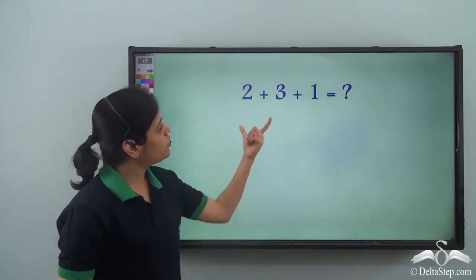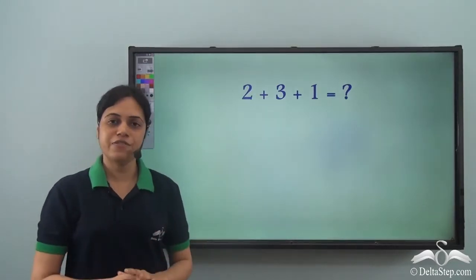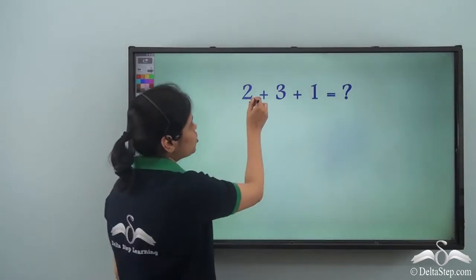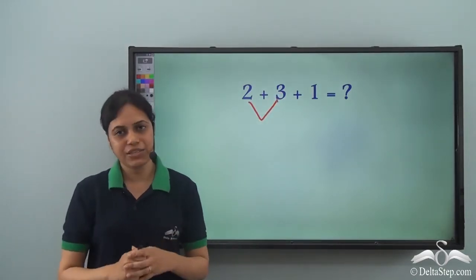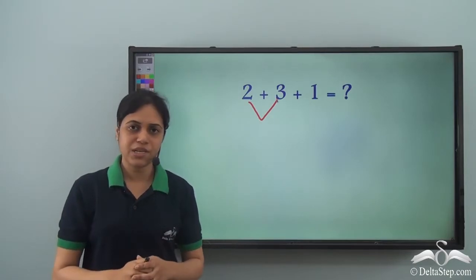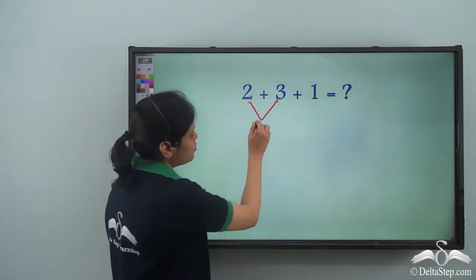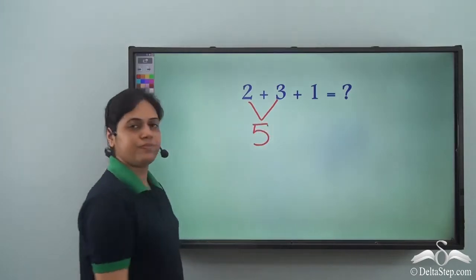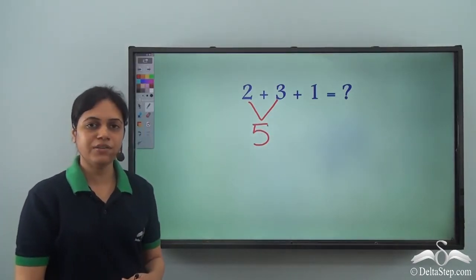Well, in order to add these 3 numbers, let us first add the first 2 numbers, that is 2 plus 3. So let us add 2 and 3. What is 2 plus 3? 2 plus 3 is 5. So we have a 5 here. And the third number to be added is 1.